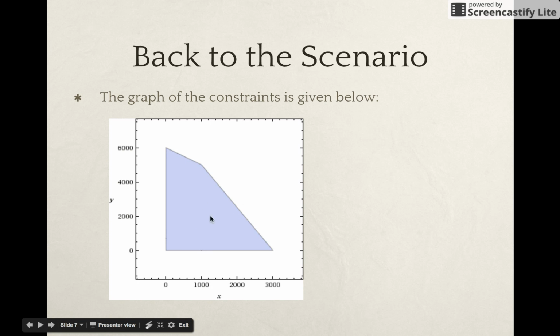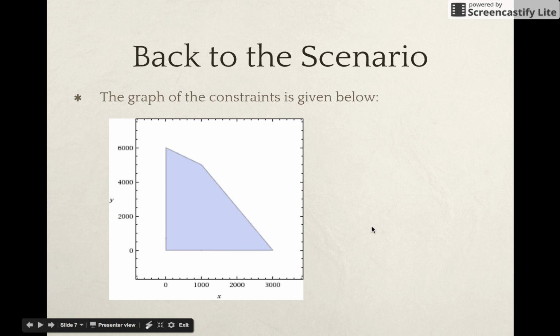Any of the ordered pairs in the region or on the border of the region will satisfy all of the constraints. But in a linear programming problem, the vertices are the ordered pairs of interest. I'm using vertices just like we would in geometry.